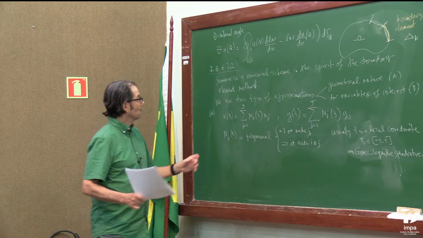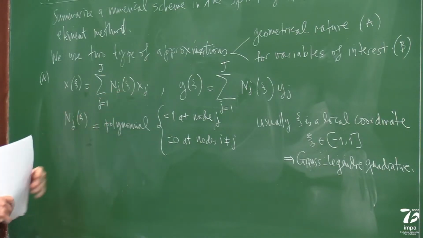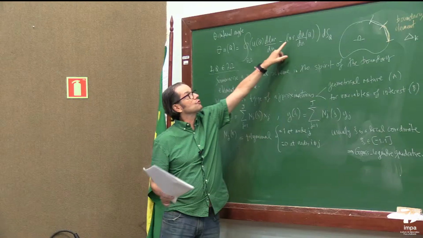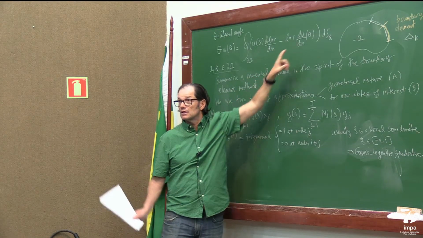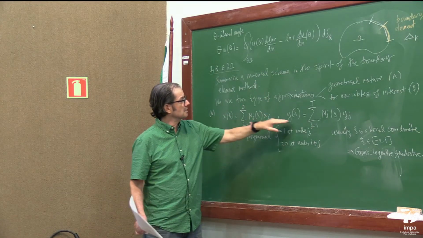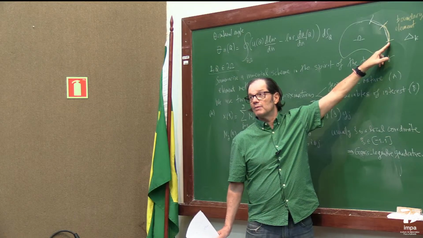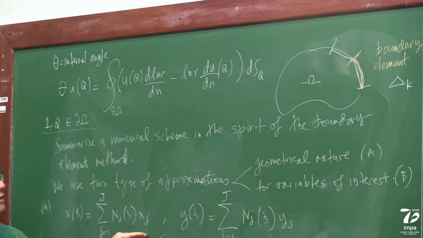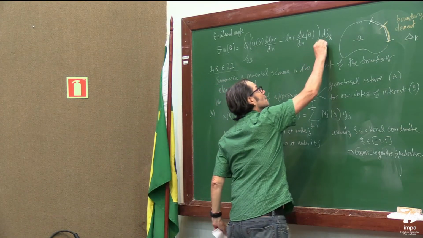So basically, when I substitute this, well, I'm going to use the same type of interpolation also for the dependent variables. So the first thing is that by using this, I'm approximating my domain, okay? And this choice here is going to appear, let me just indicate it to you, here.